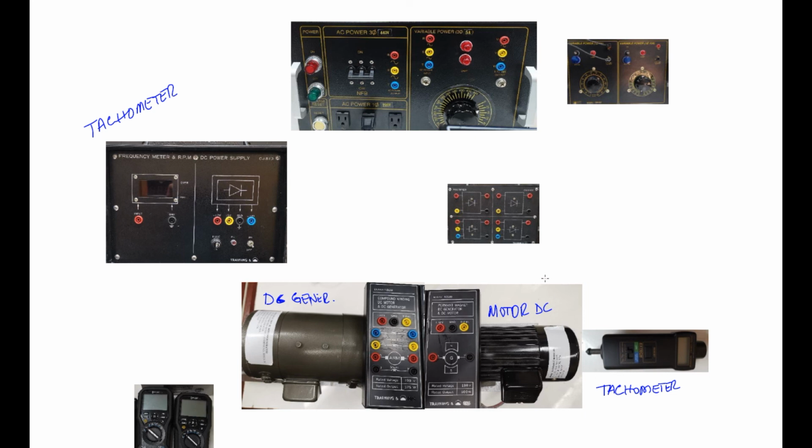Keep in mind this type of motor is a permanent magnet DC motor. It's excited by itself, so I have just to supply its rotor, its armature here, and it will rotate, and by rotating, it will rotate the generator with it.